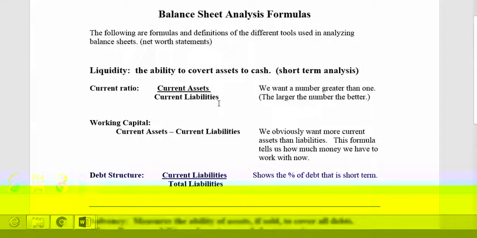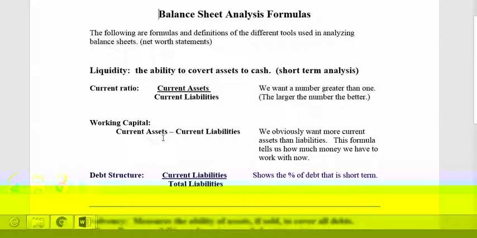This is a liquidity measure, and we want that number to be greater than 1. The larger the number, the better. In fact, most lending institutions would like to see at least 2 to 1 there. But anything under 1 is really a bad deal because we have more liabilities than assets.